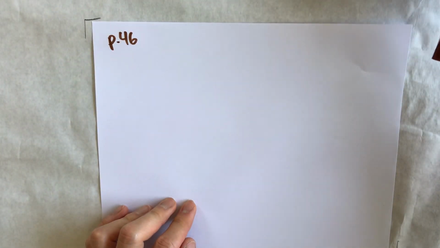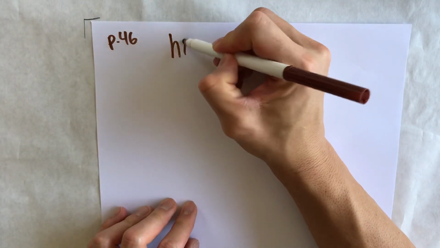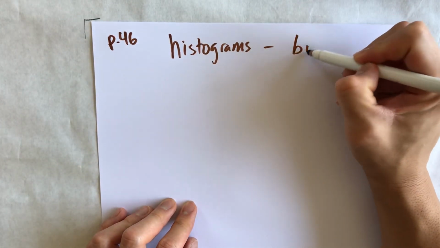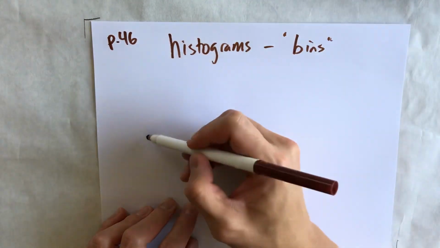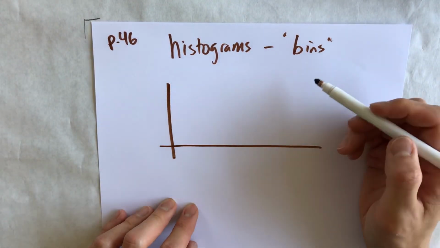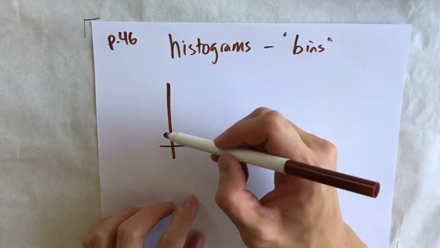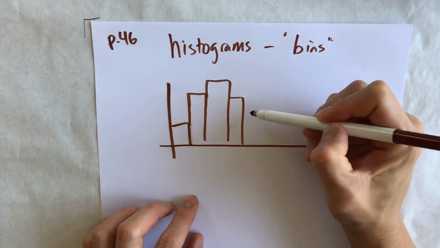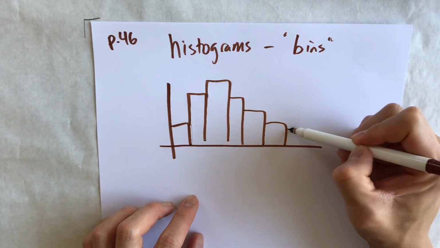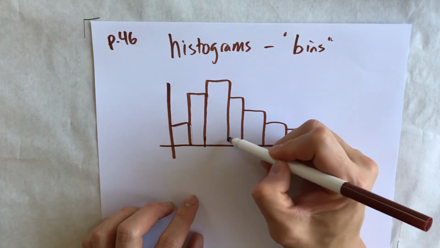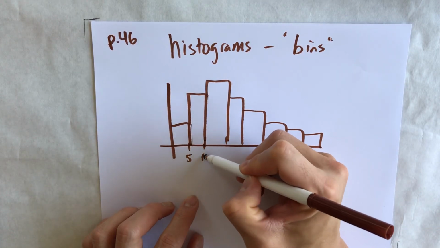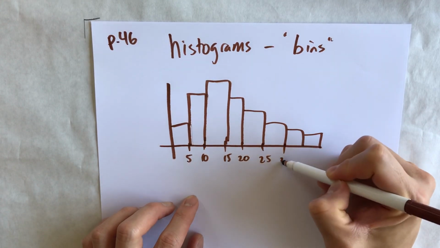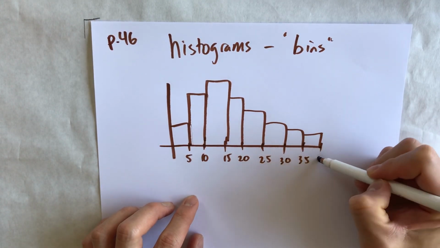Let me turn there. They're talking about histograms, and we're talking about bins. So let's just make a histogram. Let's just give some data. Let's say each of these bins is like 5, 10, 15, 20, 25, 30, 35, let's say 40.